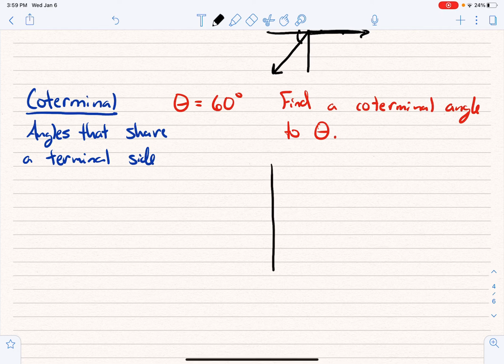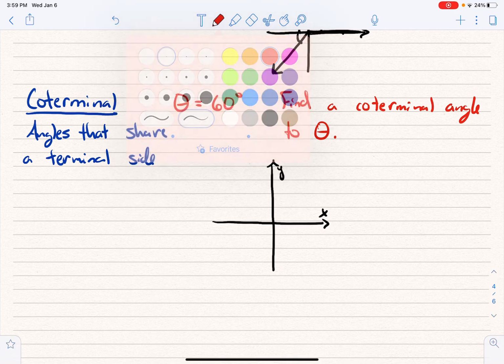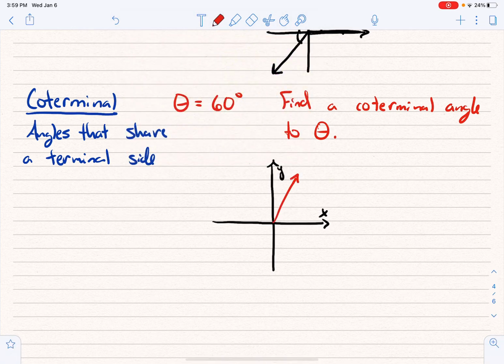Well, if I have an x and y coordinate plane, here's my x, here's my y, and I'm going to draw theta. We're saying, well, theta is at about 60 degrees. That's somewhere right about here. I'm not saying that's exact, but we're going to say, all right, that right there is theta. Well, how could another angle be located and have a terminal side at that exact same spot? Well, that's really easy.